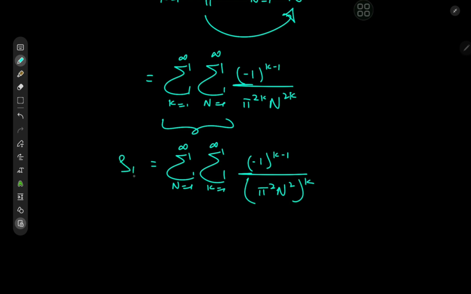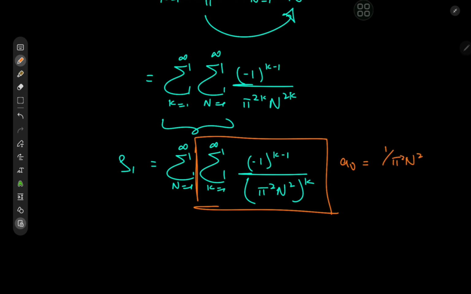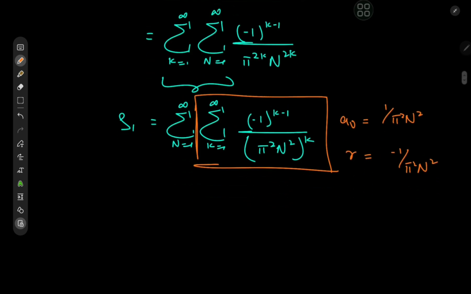Now notice that we have a really nice geometric series here, where the first term, a naught, is 1 by pi squared n squared, and the common ratio is -1 by pi squared n squared.